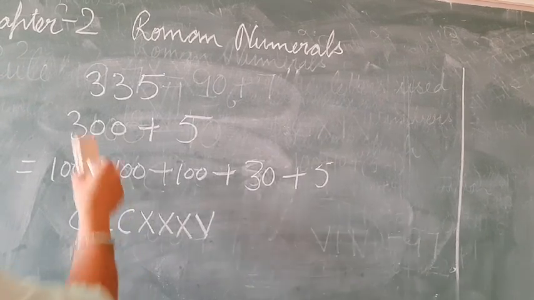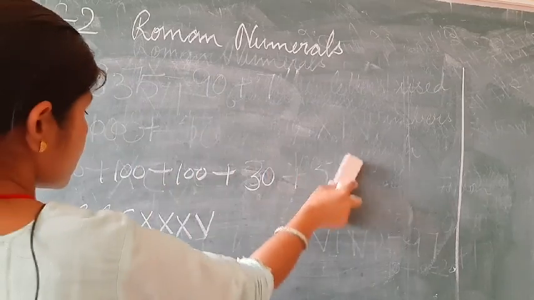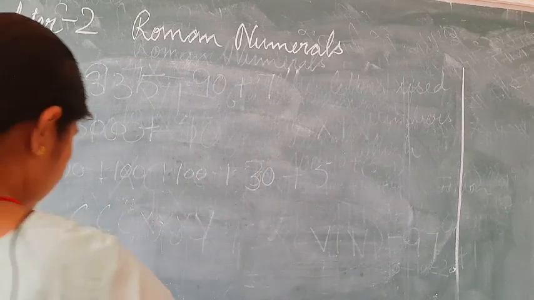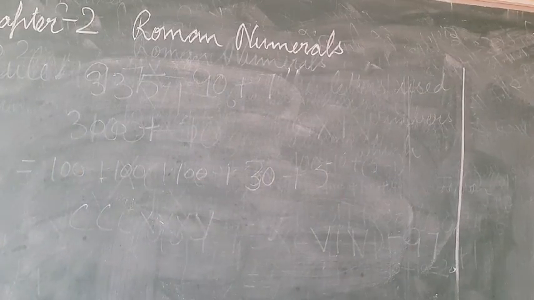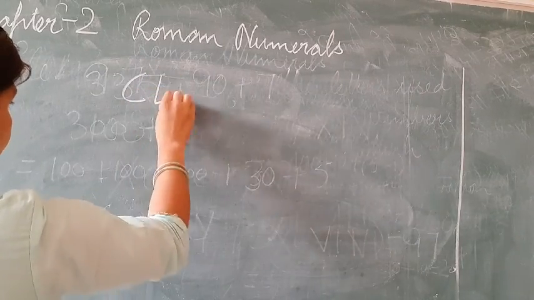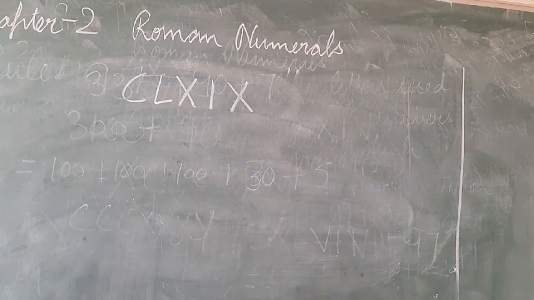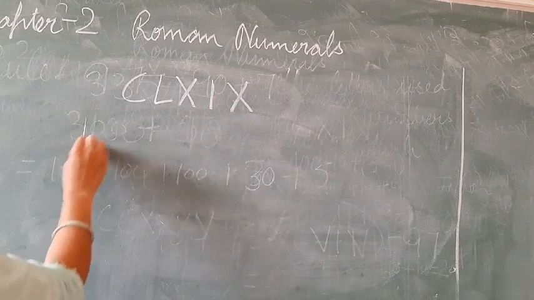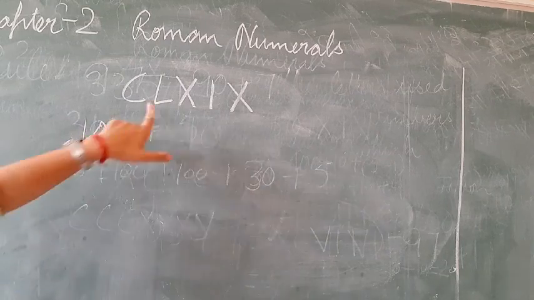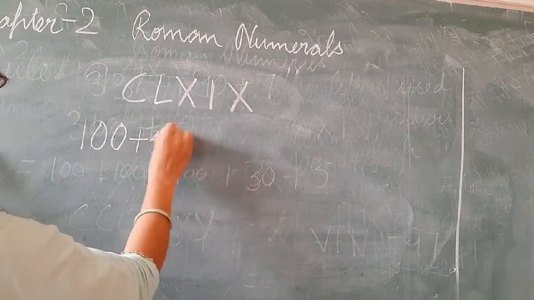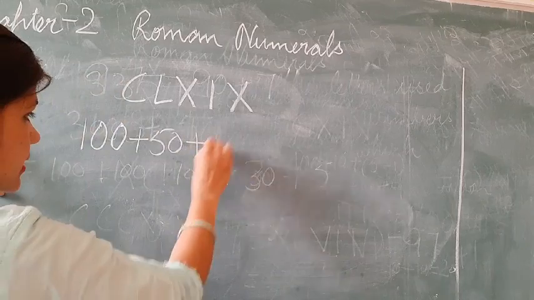Now we will convert Roman numerals into simple counting numbers. If I write CLXIX, here C is 100, L is 50, X is 10.